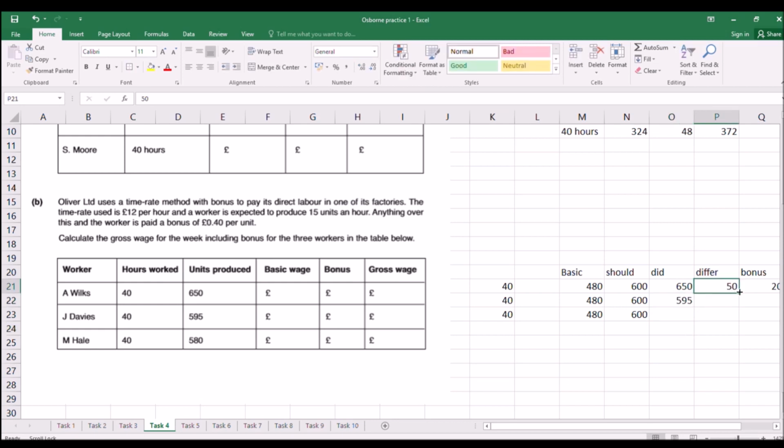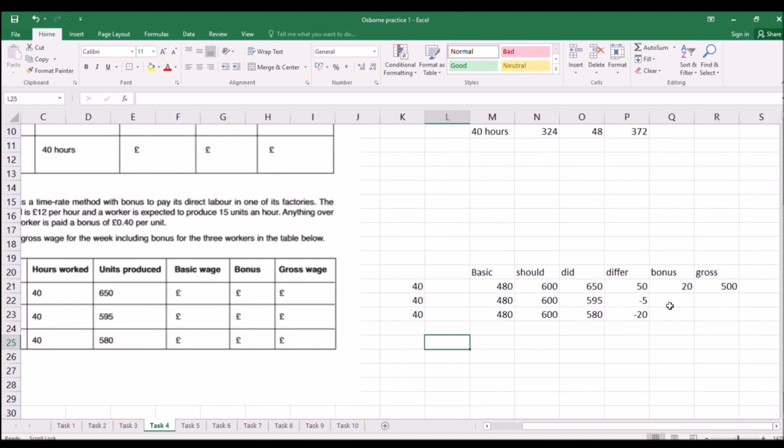So the difference is minus 5. So we've got minus 5 in there, and the other one produced 580. So they produced less than what we required, so it's just a 0 on both.